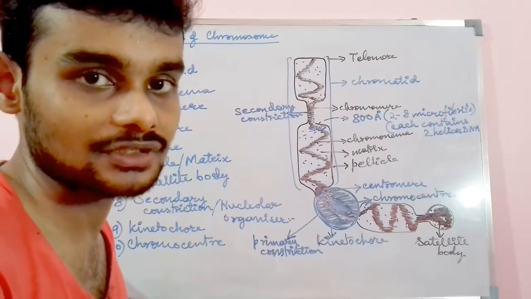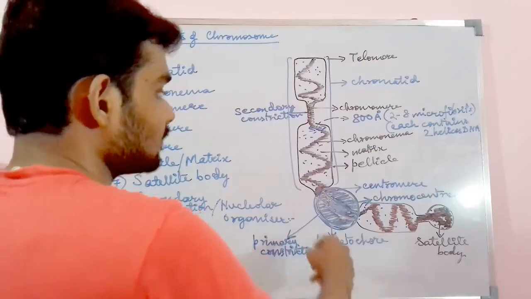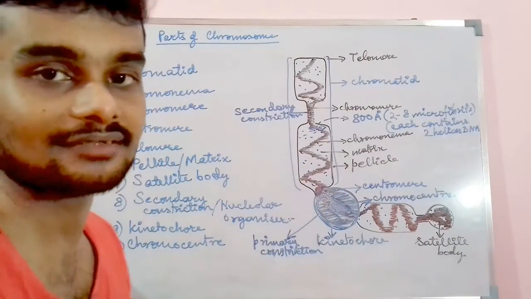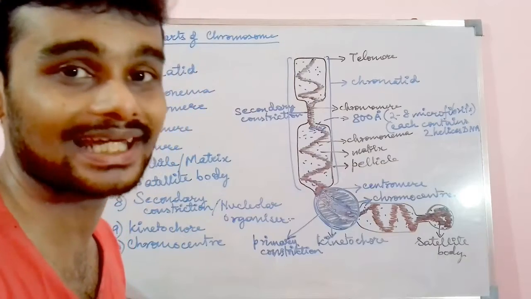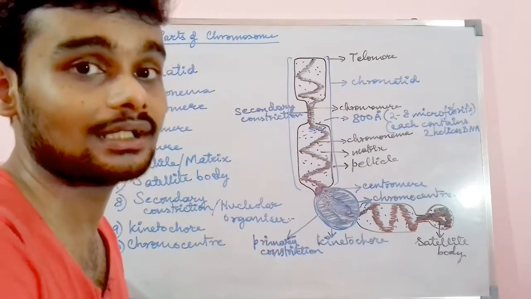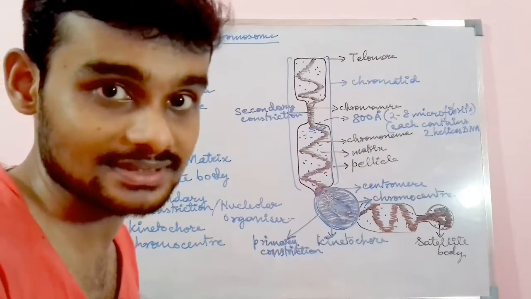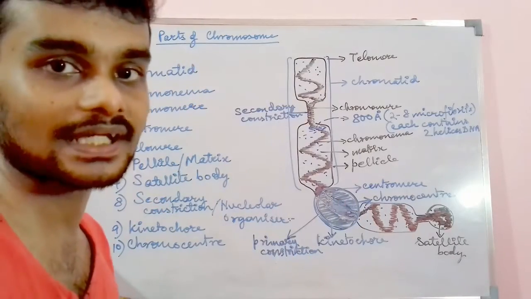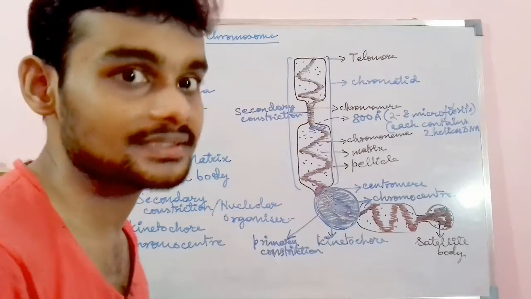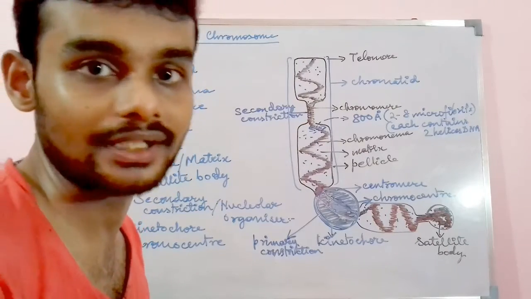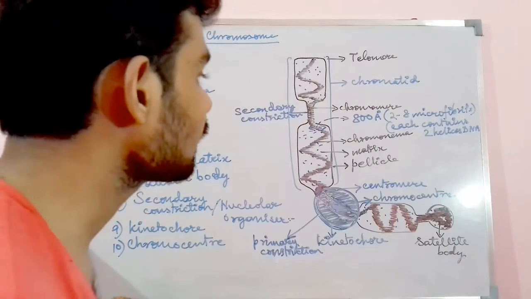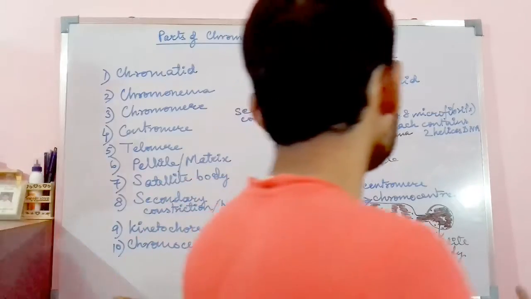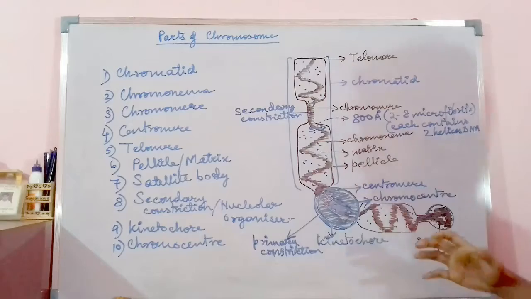The presence of the centromere is very important, and the chromatids help in giving rise to newer chromosomes during the stage of anaphase. This is how the division of the chromosome happens, and the karyokinesis, or nuclear division, is finally completed.